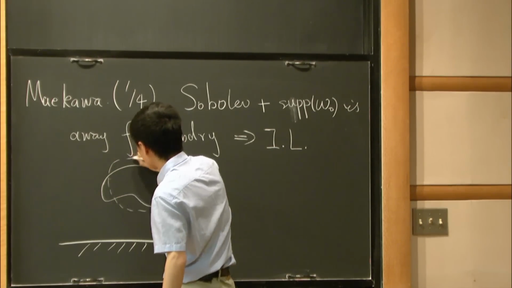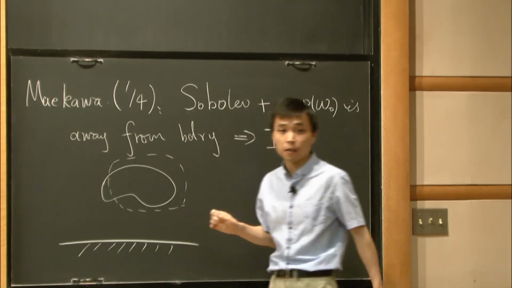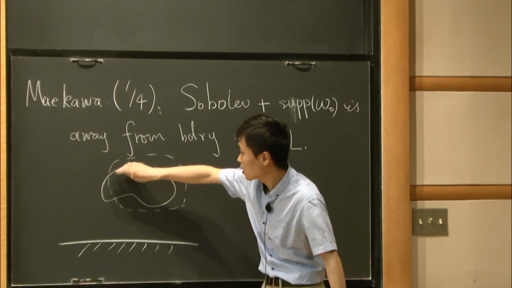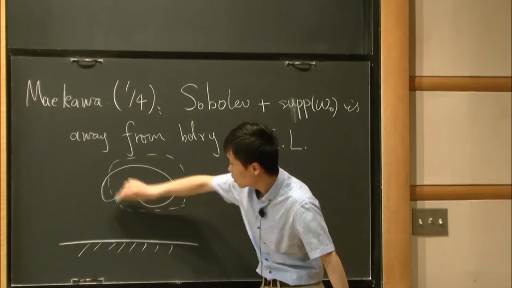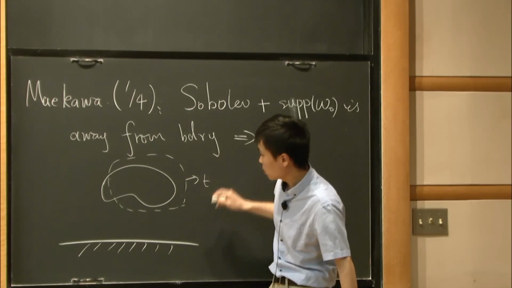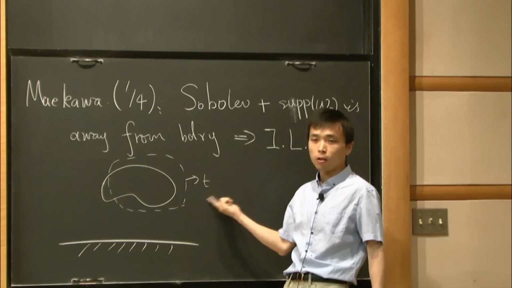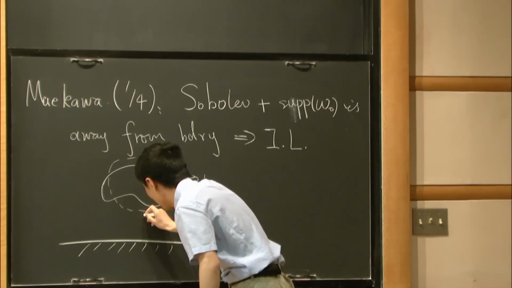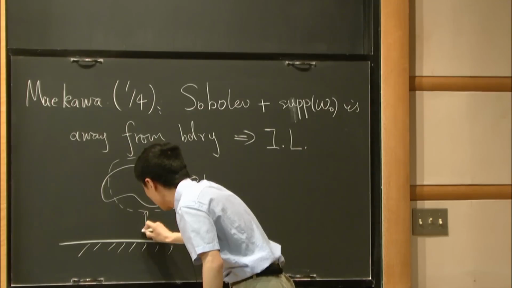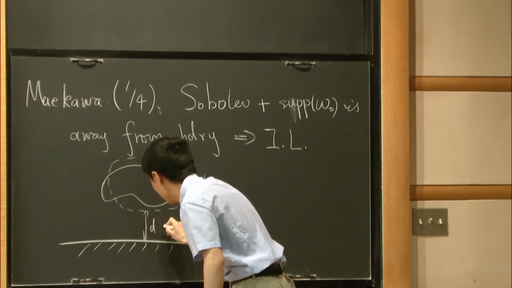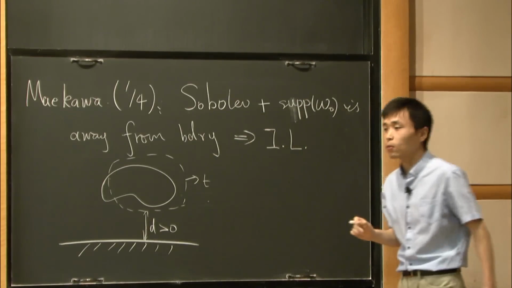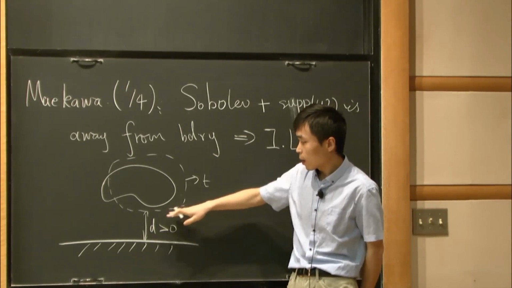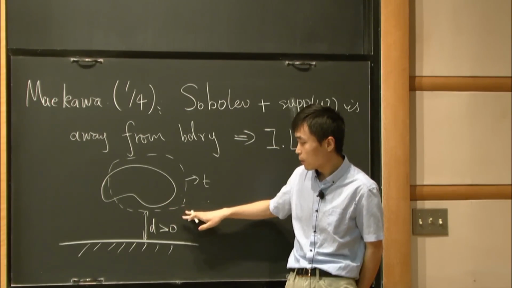The vorticity satisfies some transport equation, so after some time, let's say that's the support of the vorticity at time t. When this time t is not so big, you expect that the distance is still bigger than 0. So for the Euler equation, the solution's support is still away from the boundary.